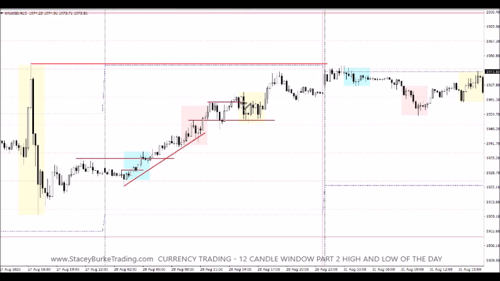And again, asking ourselves, obviously we have potentially now the high of the day in place for the day. We have the low of the day, and we have a high of the day from Thursday's Fed announcement. We have a redrawn high of the day. The market breaks through that in our 7 o'clock stop hunt as we head into our 12 candle U.S. session window. I'll blow this up.